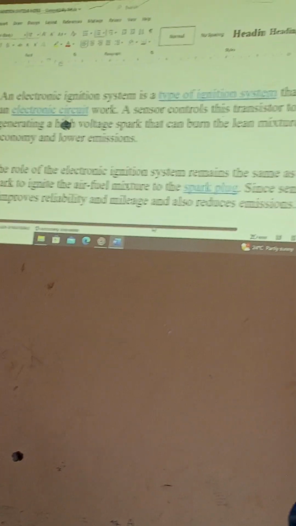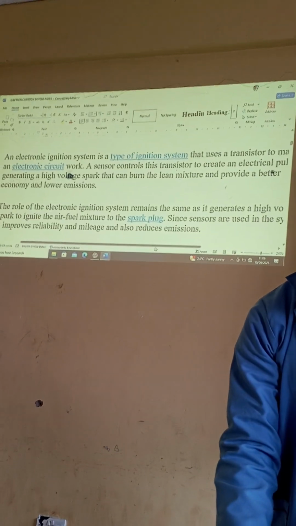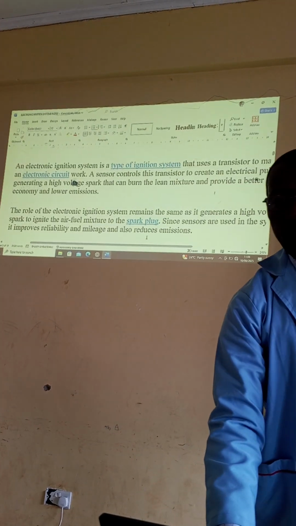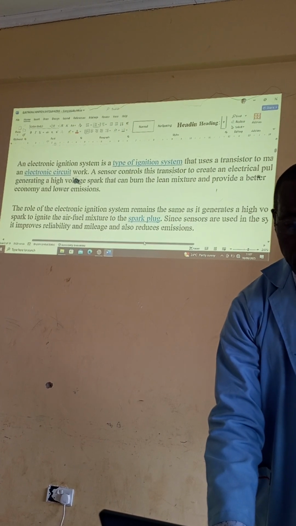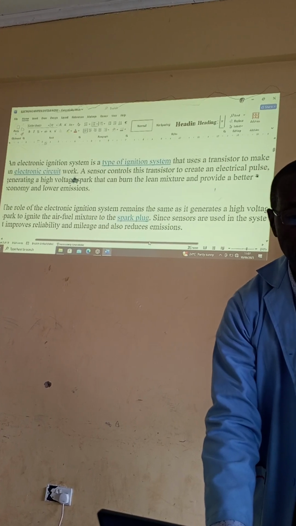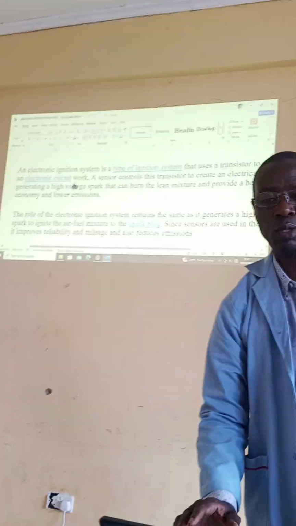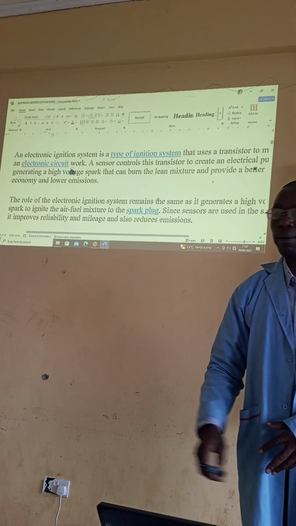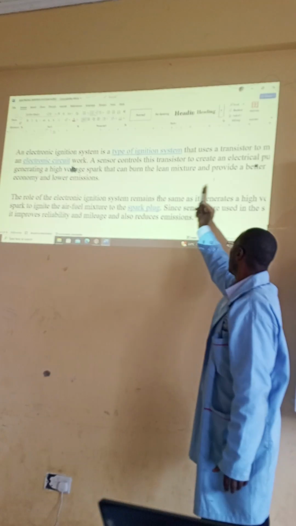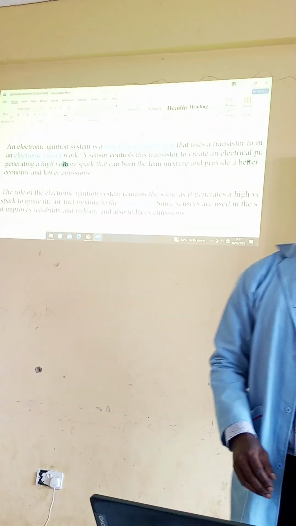So the electronic ignition system, from what is on the board, let us read together. This is an electronic ignition system type that uses the transistor. That is the difference to make the electric circuit work. So a sensor controls the transistor to create the electrical pulse, generating a high voltage spark that can burn the air-fuel mixture and provide better economy and low emissions to the environment.